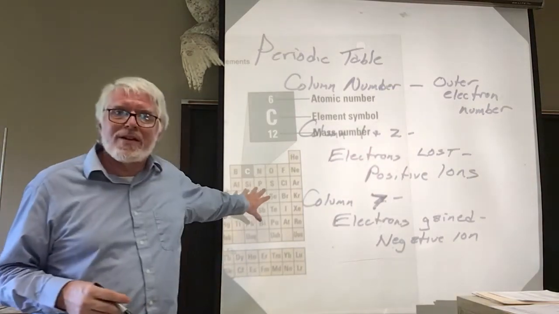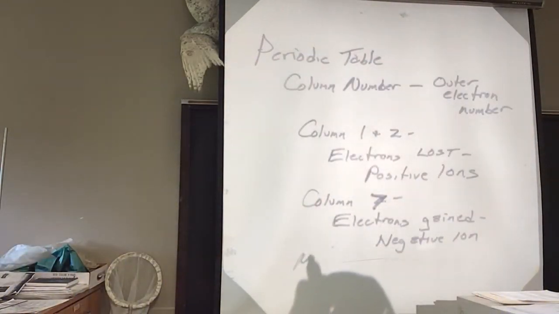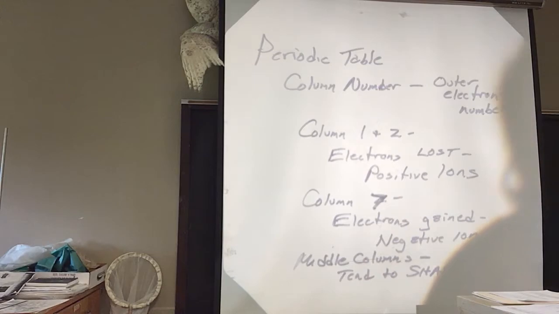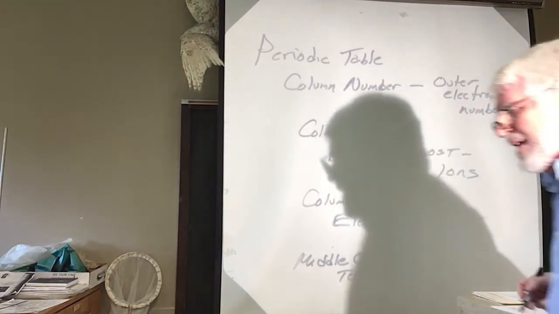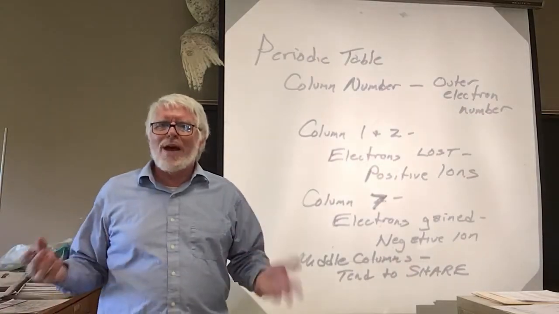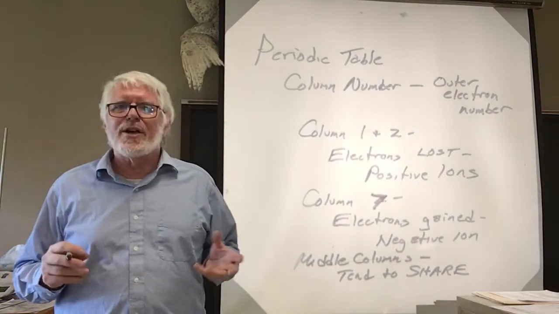Now, there's middle columns. When you need to dump off 3 or you need to grab 3 in order to get to that stable number, that's not easy to do.